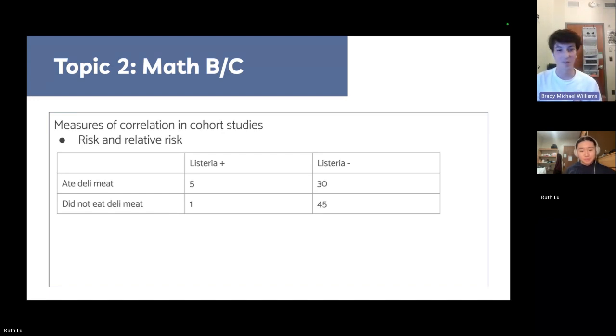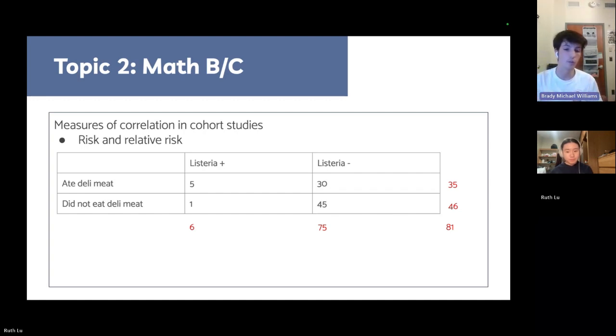And this is inspired by the Boar's Head outbreak that happened like 2 months ago at this point, if you were wondering. But the way we interpret these is, the top left box would be, there are 5 people who got listeriosis and ate the deli meat, right? And it can often be helpful to sum up these columns and rows.